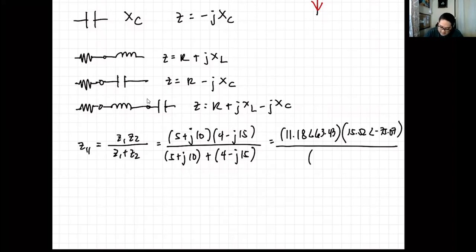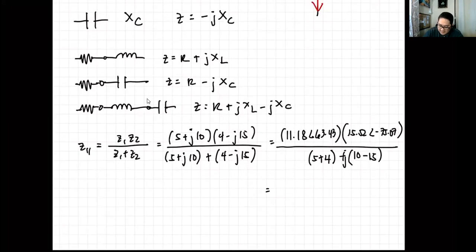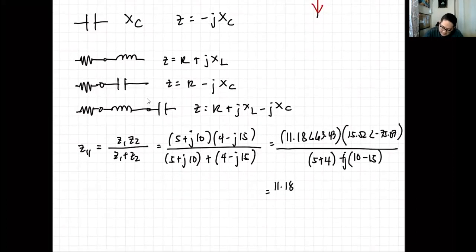Okay? So gawin natin itong 5 plus 4 plus j10 minus 15. Okay? So yung numerator, pwede na natin ipag-multiply. So 11.18 times 15.52 angle 63.43 plus negative 75.07.